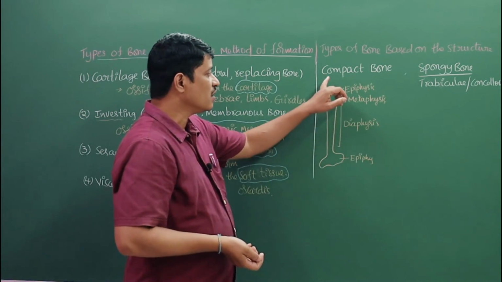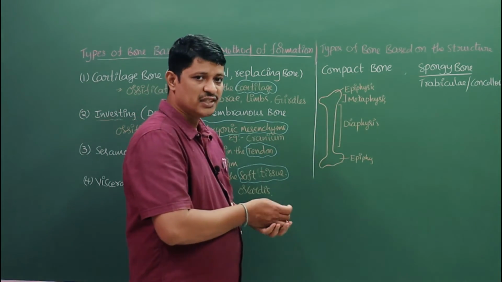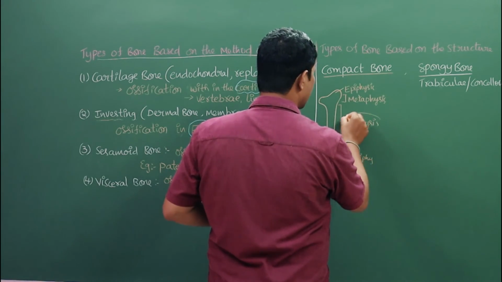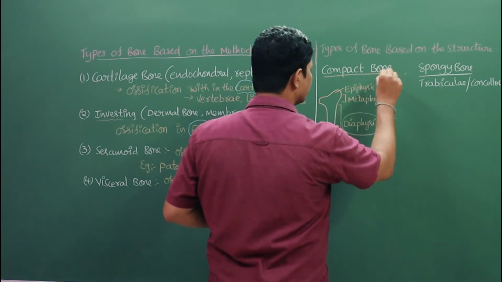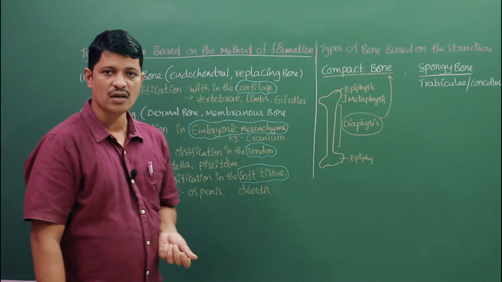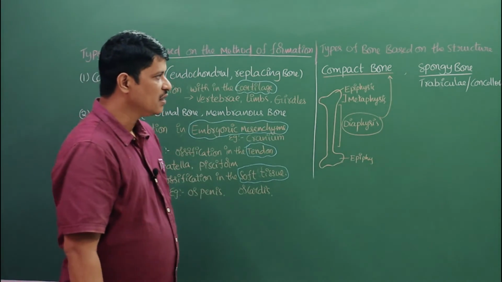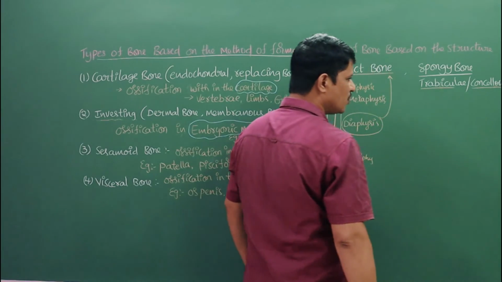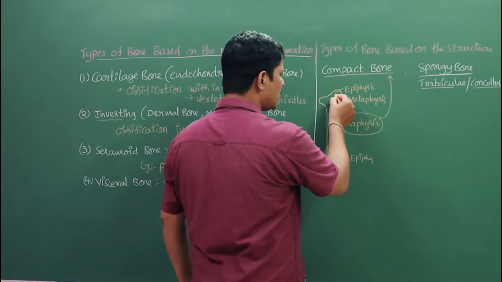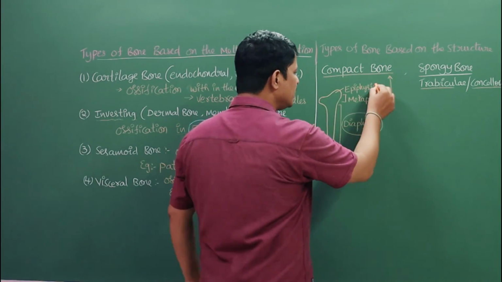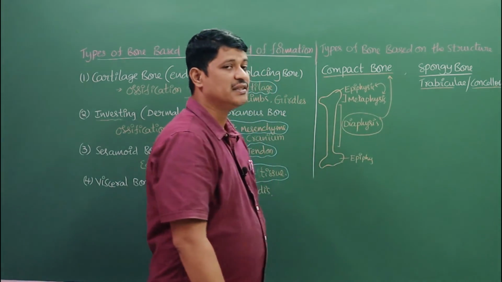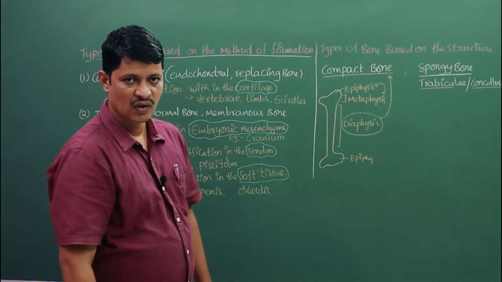Here we see the compact bone and the spongy bone. The compact bone is present in the diaphysis of the long bone. Whereas the spongy bone, or trabecular or cancellous bone, is present in the epiphysis and metaphysis of the long bone.